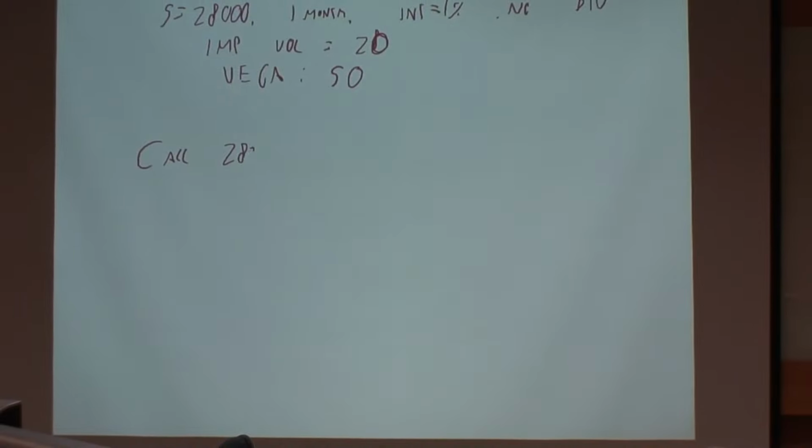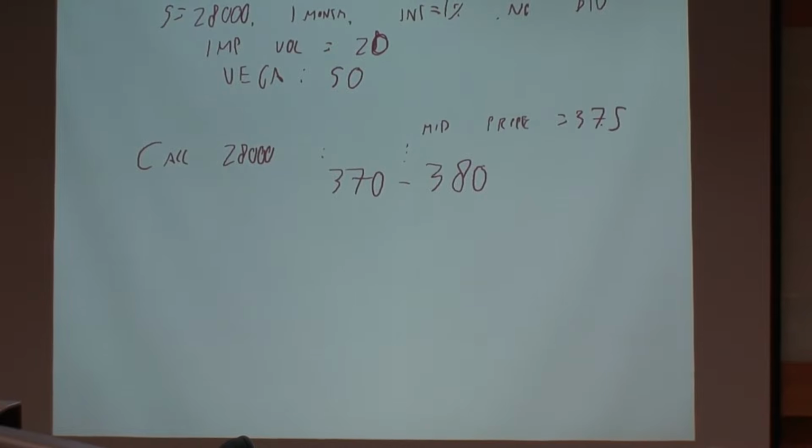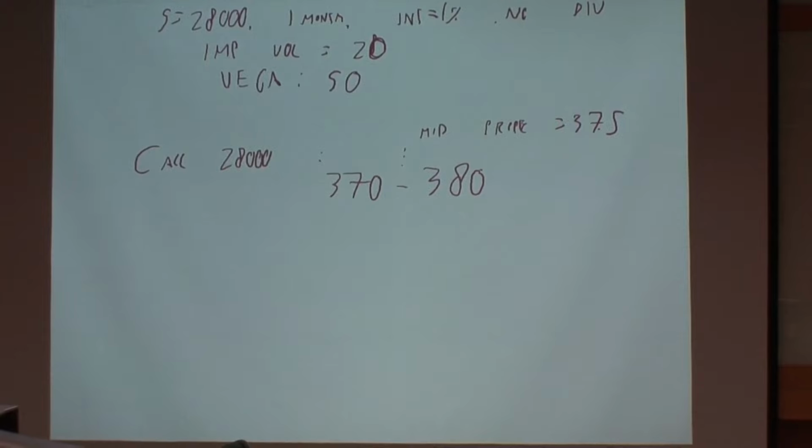I also know that the 28,000 call is trading 370 bid at 380. So what do we know? We know mid price is 375. Agreed? Between bid and ask.